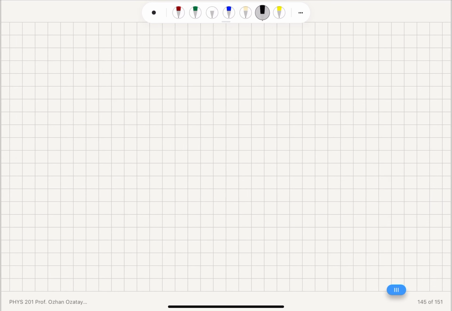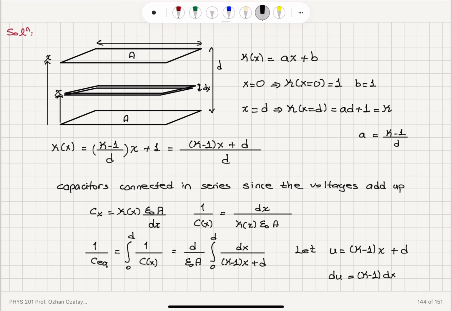So this will give me 1 over C equivalent. For dx, I will substitute du over kappa minus 1.